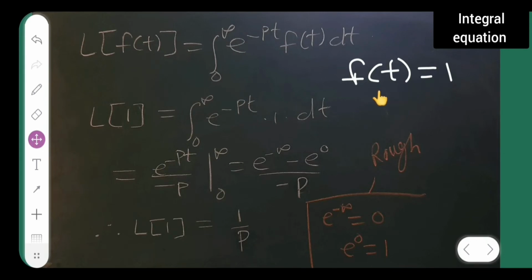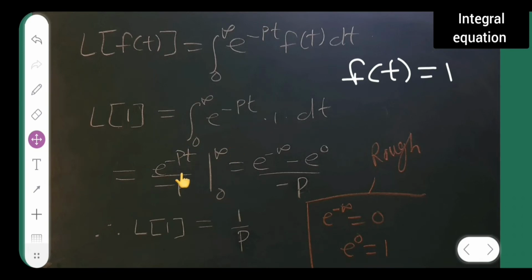So I have taken my f of t equal to 1. So what I will get is Laplace of 1, instead of f of t I have put 1, is equal to the integral from 0 to infinity of e raised to power minus pt, then wherever there is f of t, replace it by 1, dt.